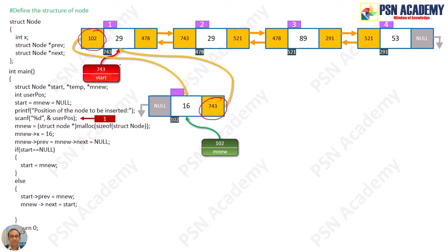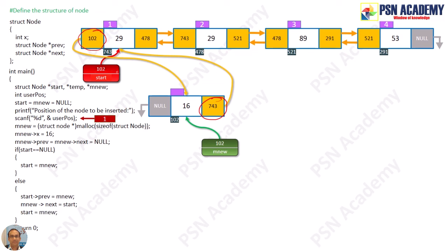Now there is one more job to be done. You see that the start pointer is still pointing to the node at 743, which is the second node now. And the node at 102 is the first node now. So, the start pointer should point to the node at 102. So you write start equal to mnew.